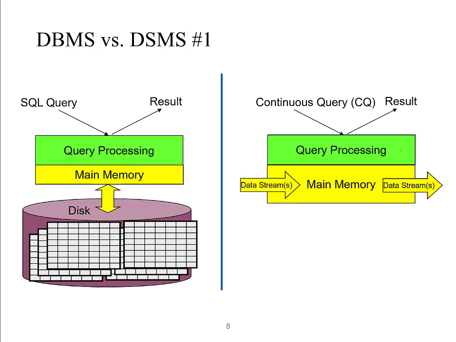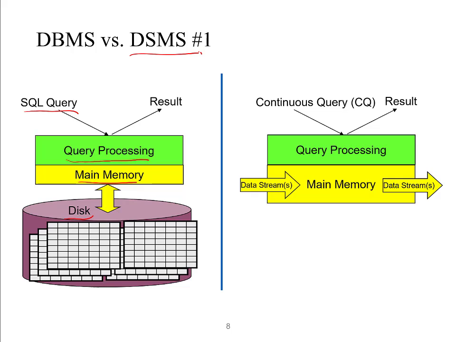All right. So for DBMS, we have a SQL query, which is the input of the query processing. We have the main memory, and the main memory has data exchange with the disk or the external memory, and the query processing will finally output the result.